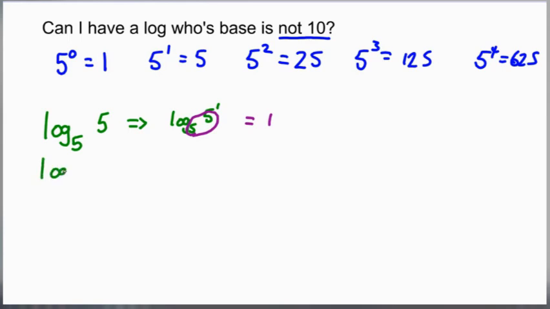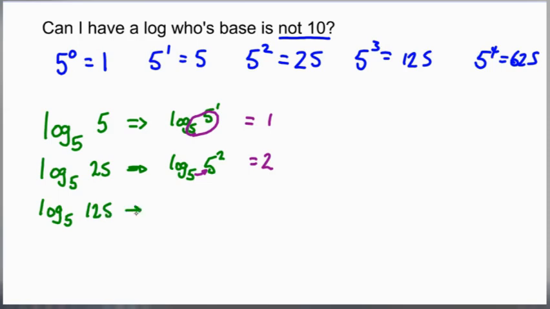Let's do another one here. Log base 5 of 25. That's the same as saying the log base 5 of 5 squared. Once again, I want the base of the number to be the same, so the answer is 2. Let's do another one. What is the log base 5 of 125?